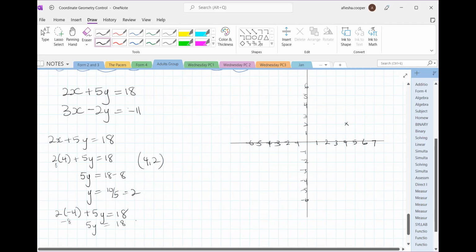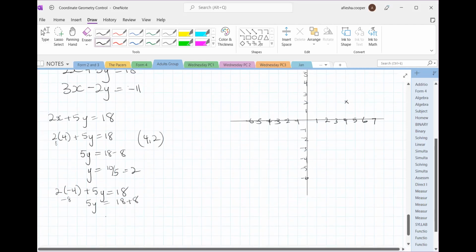This is -8, so it's going to be add 8. 5y is equal to 26, and then y is equal to 26 over 5, which is 5.2. So our coordinate is -4, 5.2, right after -5.